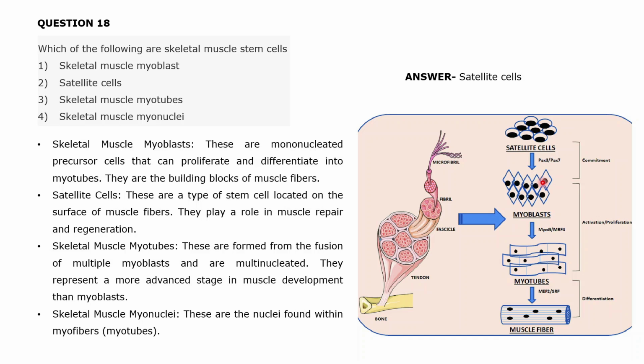If you are culturing a muscle fiber or skeletal muscle within a culture plate, you need to isolate these satellite cells, and then put in a nutrient media, and then incubate it. That's why, because it is a progenitor stem cell that can give rise to skeletal muscle cells. Sometimes you also add fibroblasts, because fibroblasts also secrete some of the growth factors that are required to make these skeletal muscle cells.